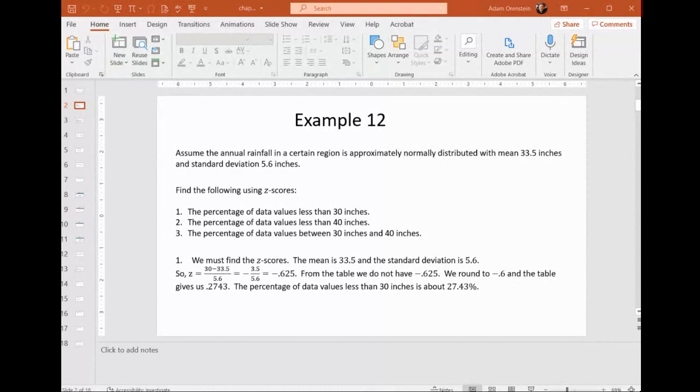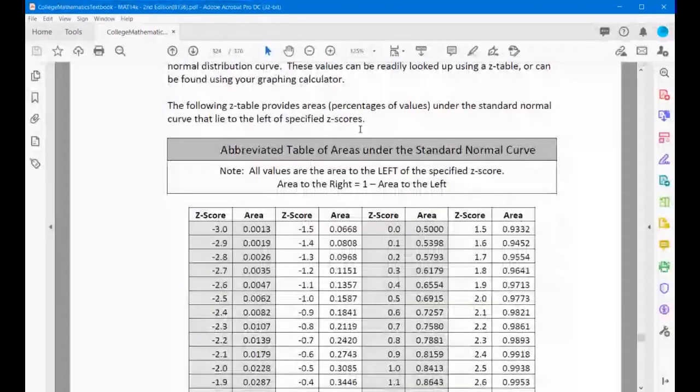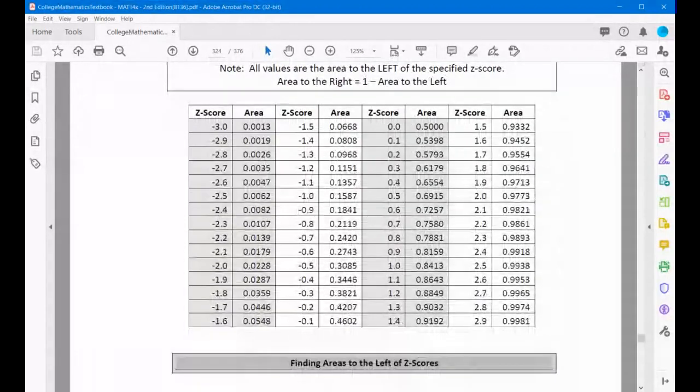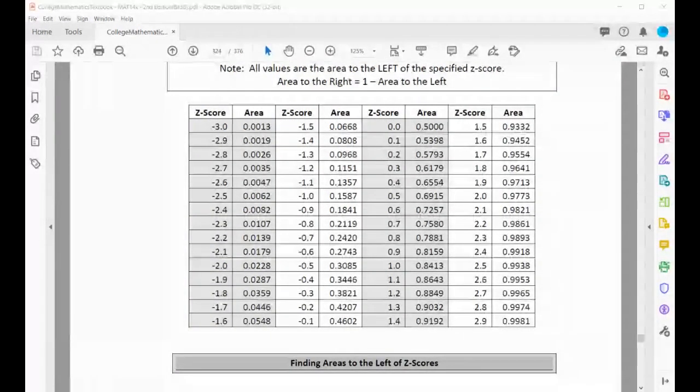Let me share the table from the textbook. There it is. Let me zoom in a bit. I hope you can see, we had negative 0.625, if I remember correctly. Yes, that's right.